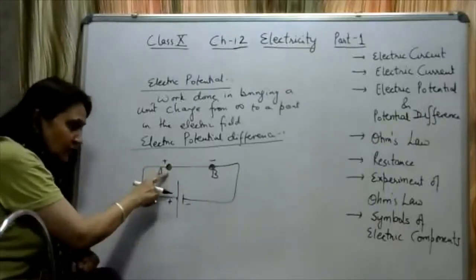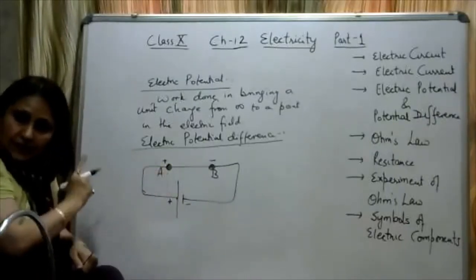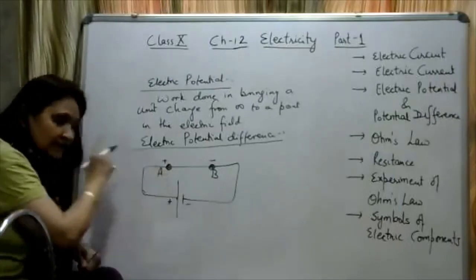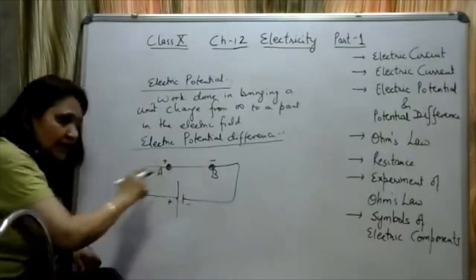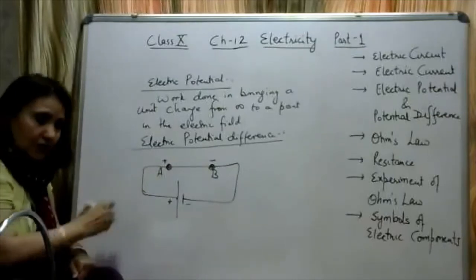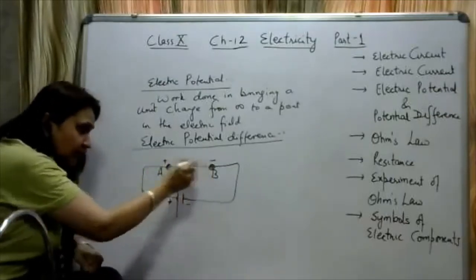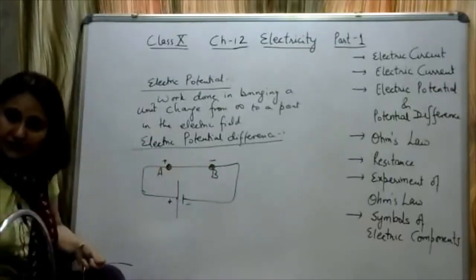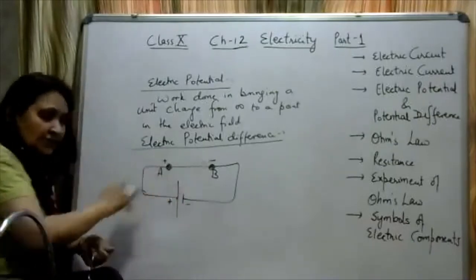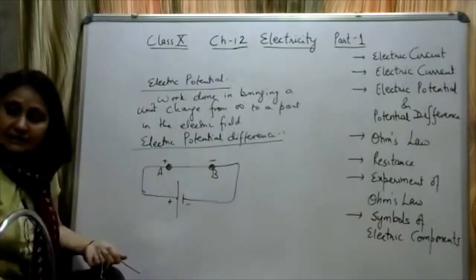So the A end of the conducting wire is at a higher potential and the B end is at a lower potential. So there is some potential difference between these 2 points, between the ends of the wire. Now the charges will start flowing and we say that the current flows.